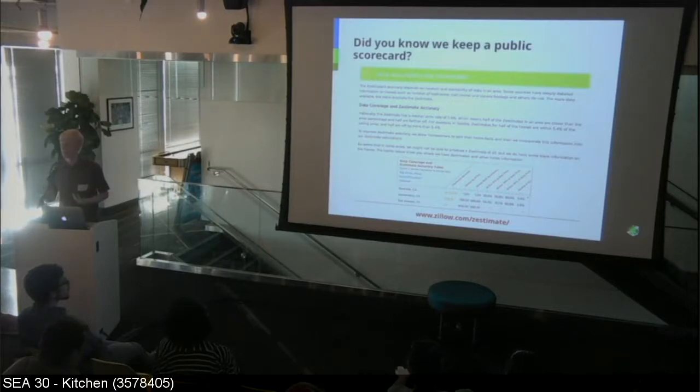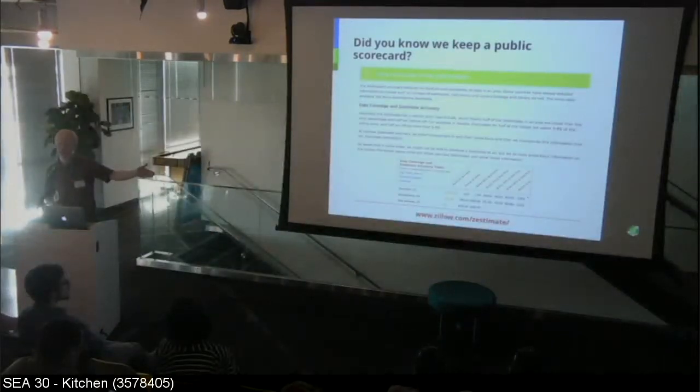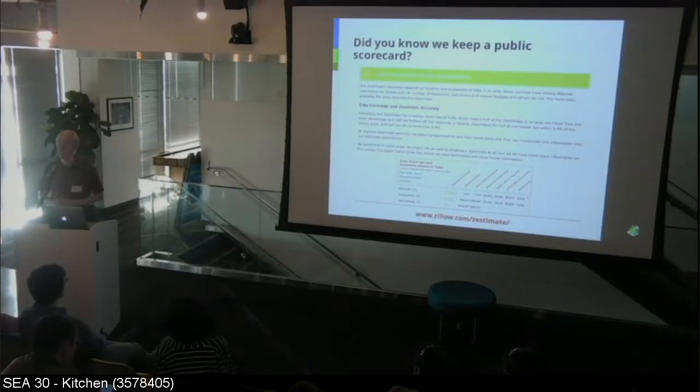I think that's pretty exciting. And if you want to get into more detail, we have it for metro areas, and we're pretty honest about where we do well and where there's room for improvement. Texas is, by the way, a special state because sale prices are not public data there. That makes estimating particularly challenging.